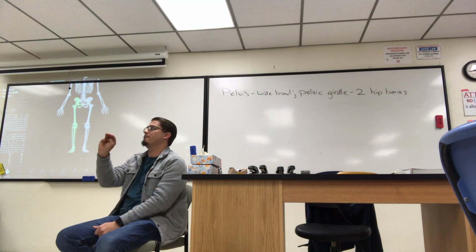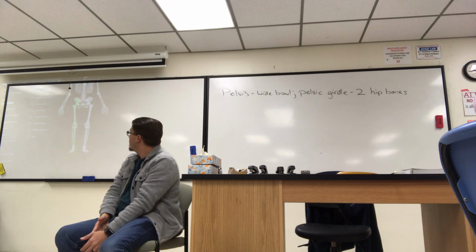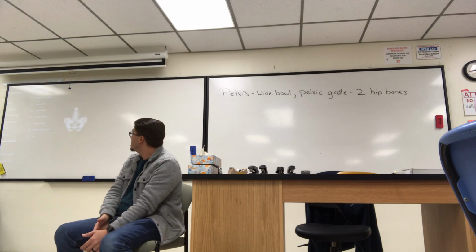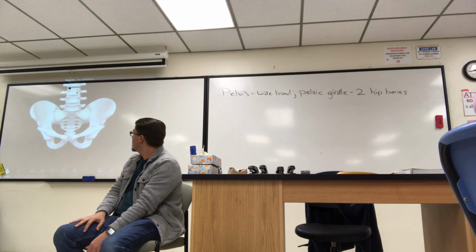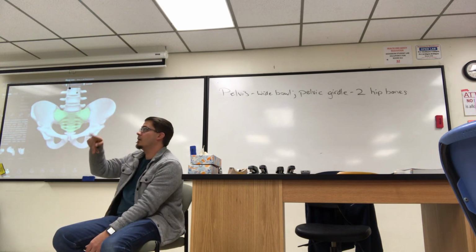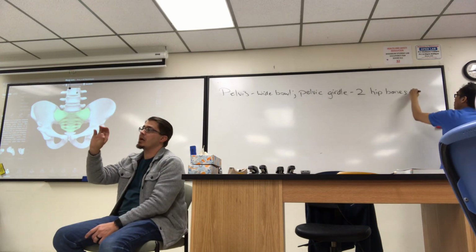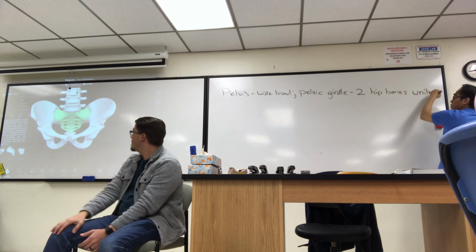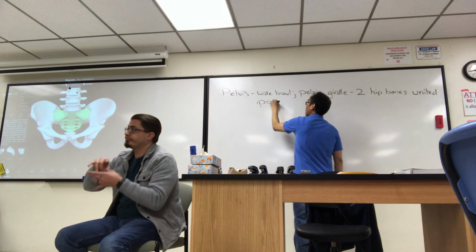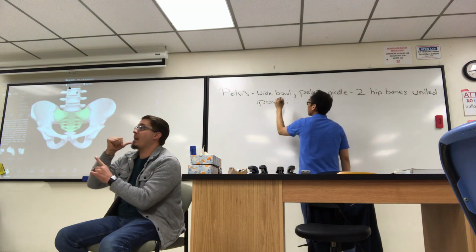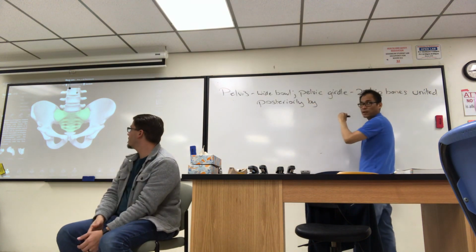Let me zoom in on it. Go to models, male pelvis, and perineum. There's the pelvis with the sacrum posteriorly. 2 hip bones united posteriorly by sacroiliac joints.